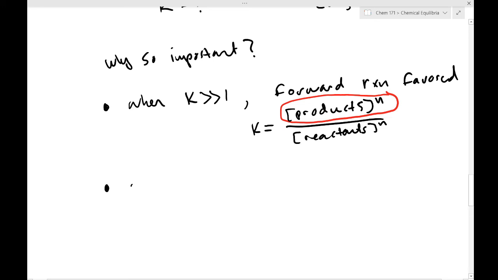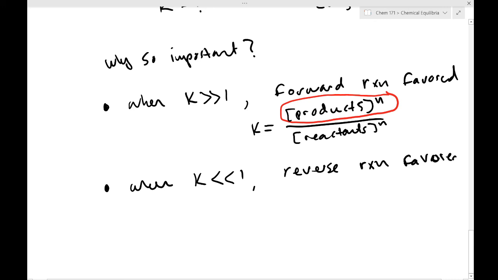Second case, how about the opposite, when K is much less than 1? What can we say? Well, in this case, we can say that the reverse reaction is favored. Basically using the same logic as above, the equilibrium constant is equal to the products over the reactants.